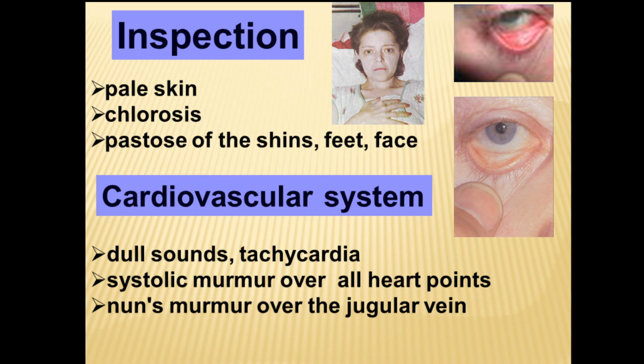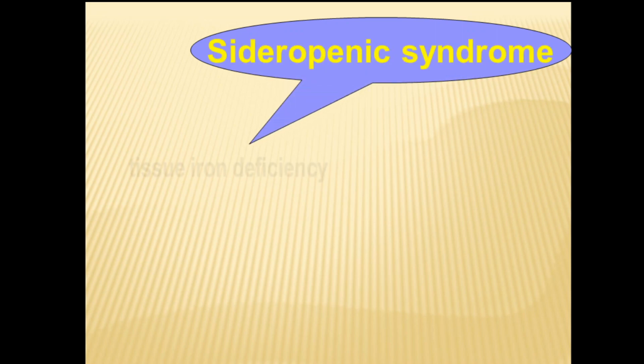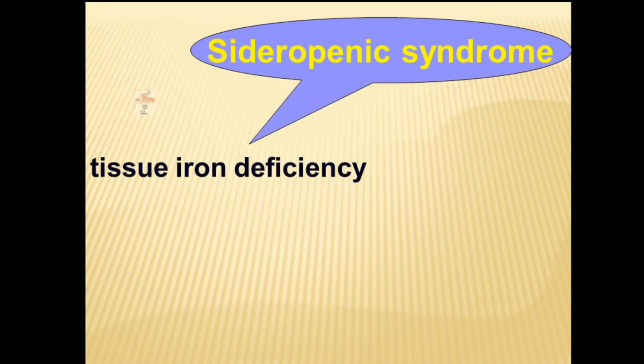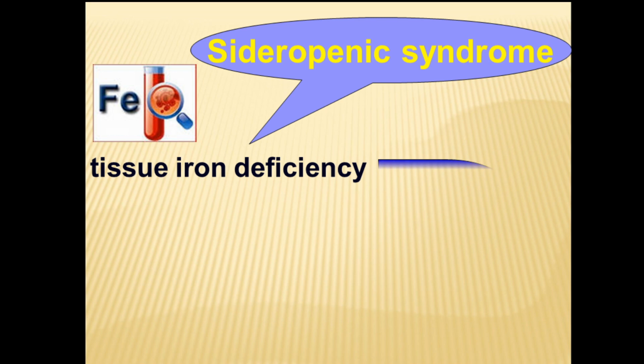Over the jugular vein, we can hear a nun's murmur, but it is possible in heavy anemia when the level of red blood cells significantly decreases. Blood pressure is predisposed to hypotension due to decreased activity of the cardiovascular system and decreased heart stroke volume because of progressive cardiomyopathy.